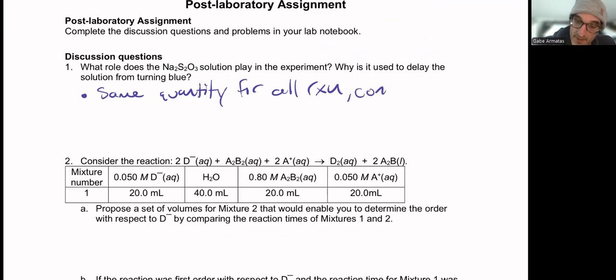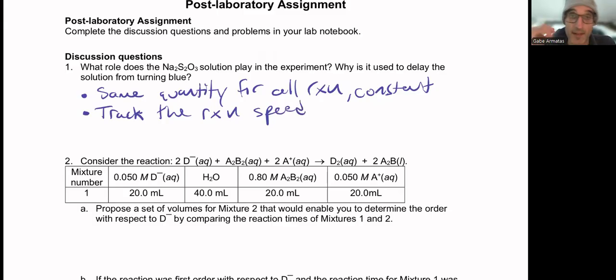So it is constant, and therefore once all of that's gone, that's when the blue color appears. So the same quantity, that's constant. So really what it's used for is to track the reaction, track the speed. So a reaction speed, and the faster that it's consumed, the faster the blue color forms, and that's why we use it.